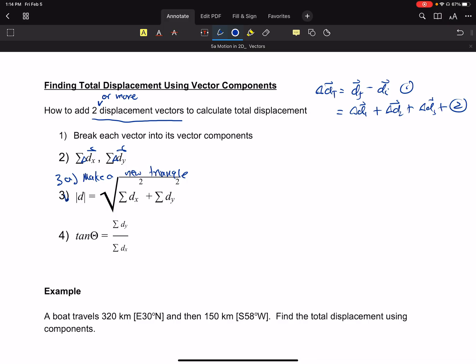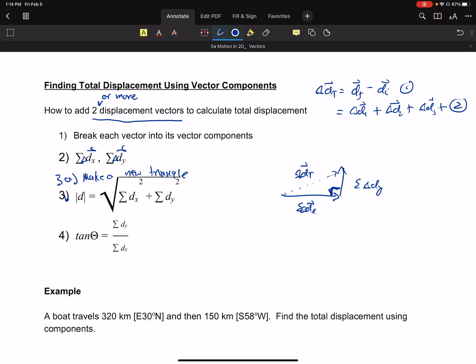For example, you're going to have your answer of delta dx and your answer of delta dy, whatever positives or negatives. That is your delta d total. You're going to draw the triangle, and that's going to give you a right angle triangle.